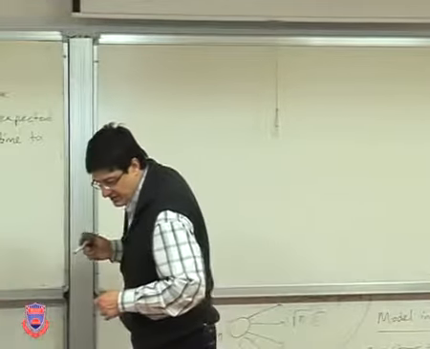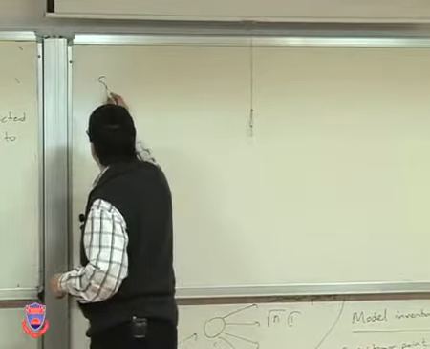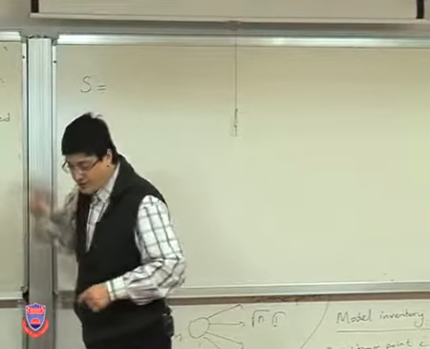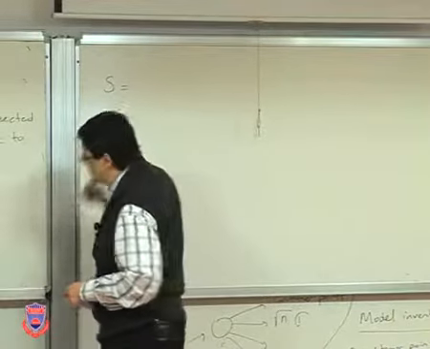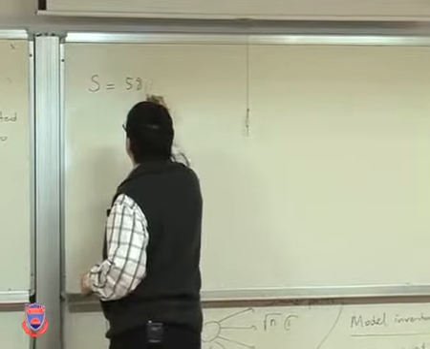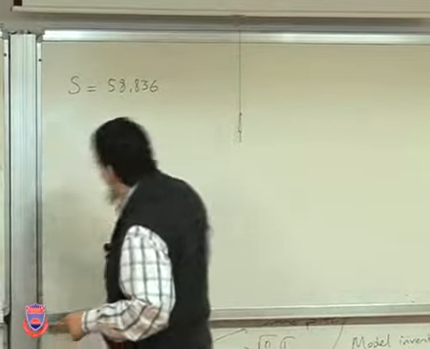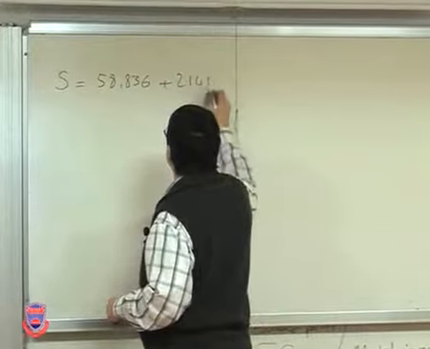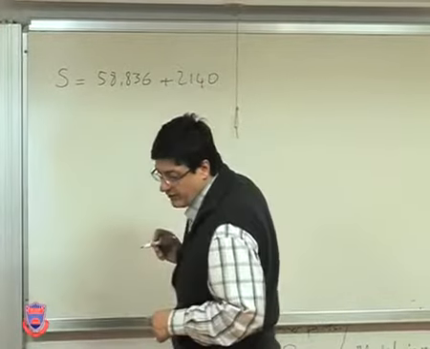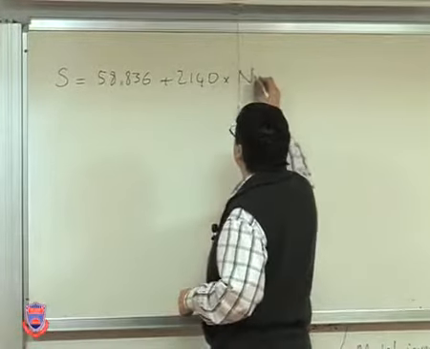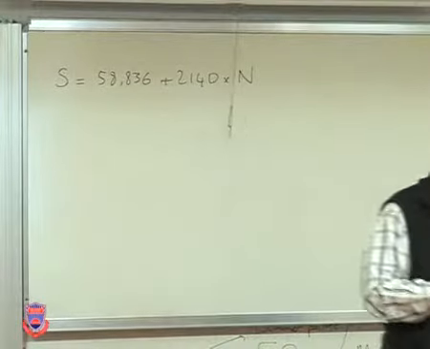following relationship. They say that the S value that I am looking for is going to be equal to this number. I'm going to write it, okay, plus 2,140 times n. So what is this?